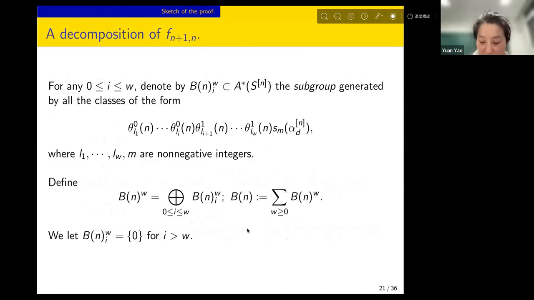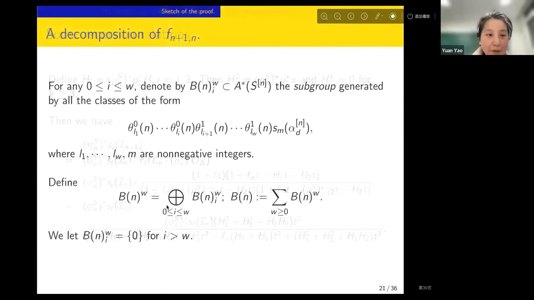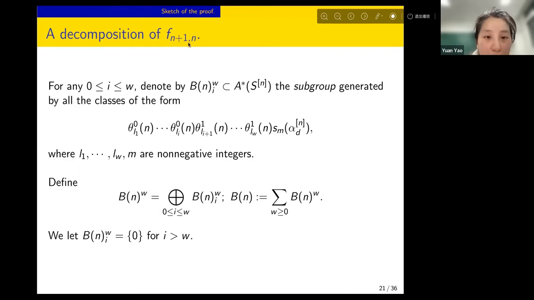Okay, so now we have this formula, but we want to show the vanishing for the top Chern class. So now this is the Chern polynomial, the top 10, right? So we have to do the decomposition of f n plus 1 minus n plus 1 n, right? Recall that we have this morphism. So we define the subgroup generated by all the classes.